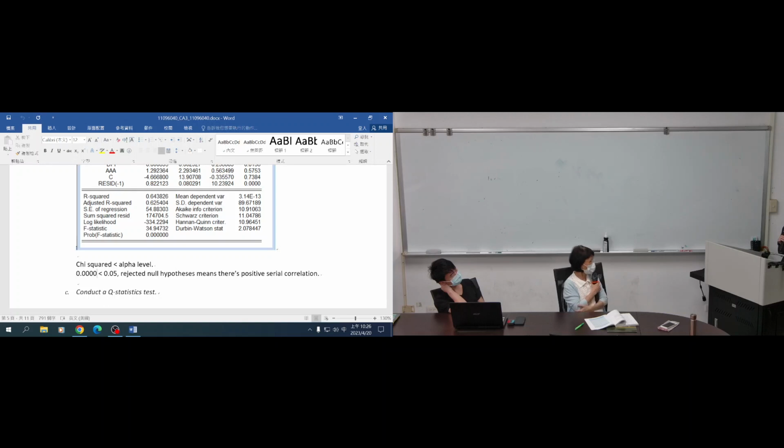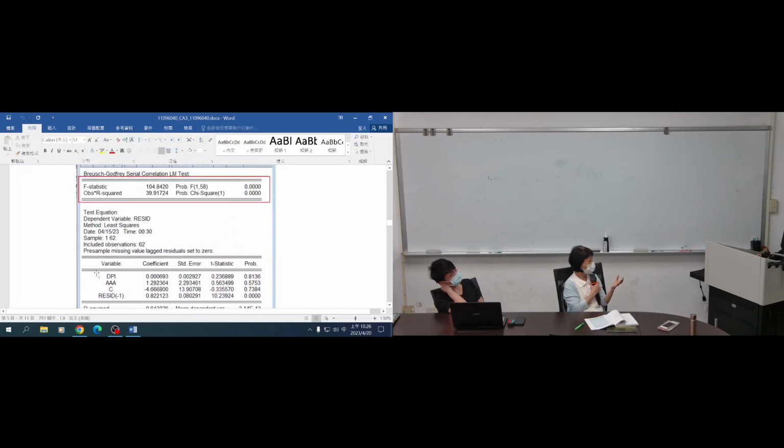This is not the chi-square, this is the p-value of the chi-square test statistic, which has a chi-square distribution.